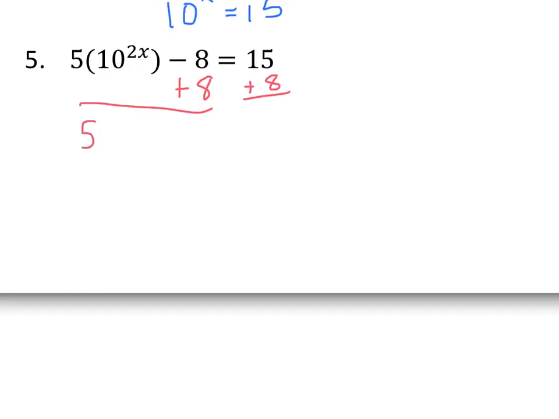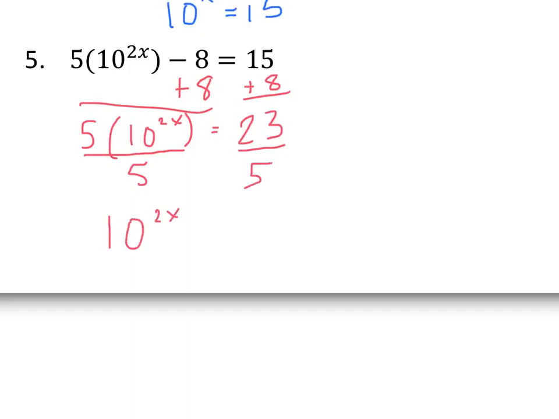So 5 times 10 to the 2x equals 23. Then I'll divide both sides by 5 and get 10 to the 2x equals 4.6.